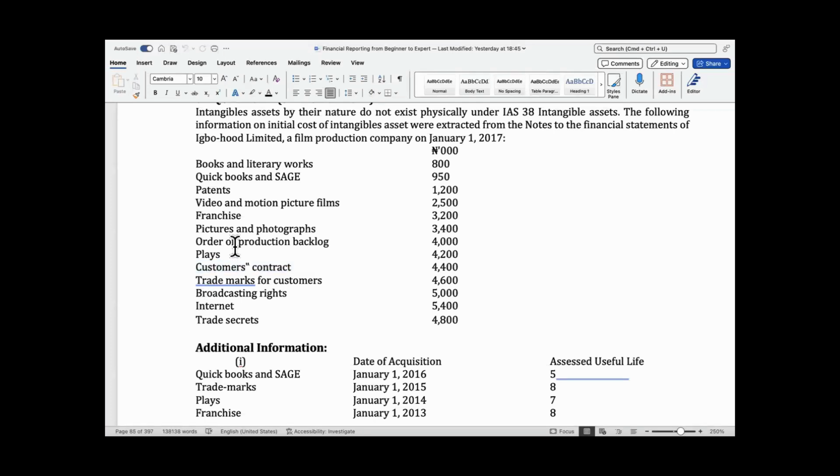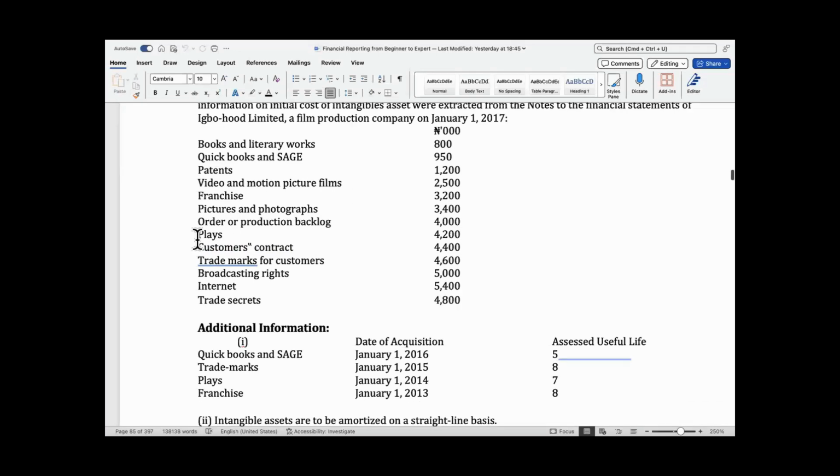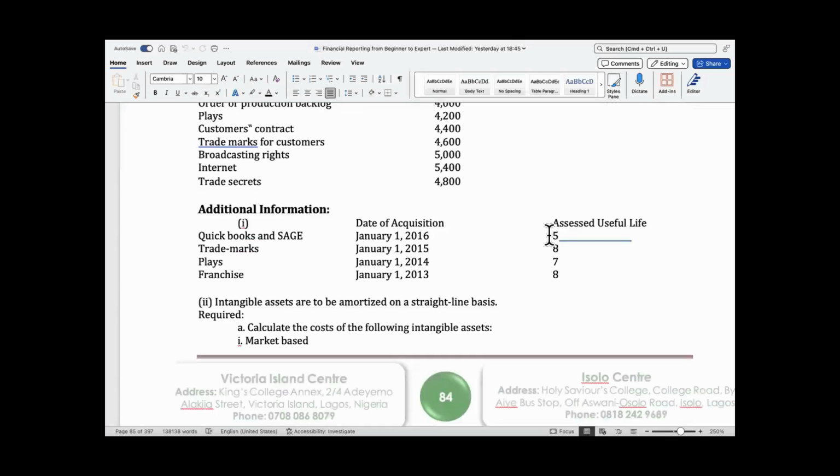These are a lot of examples. They now gave us some additional information on when they bought some of these intangible assets and their useful life. They say intangible assets are amortized on a straight line basis.